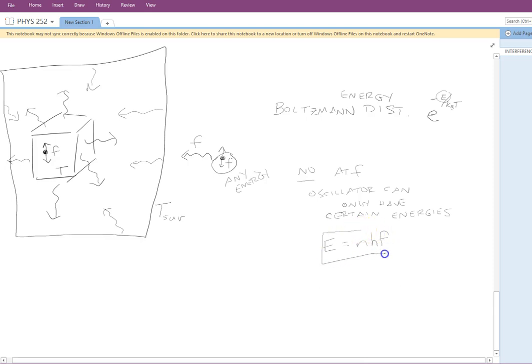So n here is equal to an integer, 1, 2, 3. h is now known as Planck's constant. And he got a value that is very close to more carefully determined values: 6.63 times 10 to the minus 34, and the SI units here are joule-seconds. You'll see this in the summary notes.